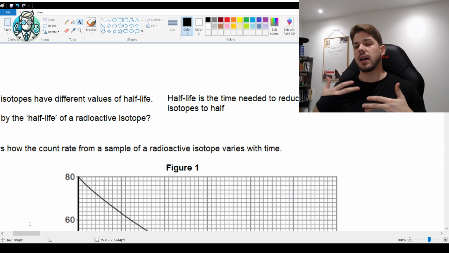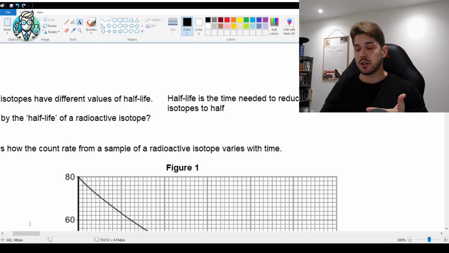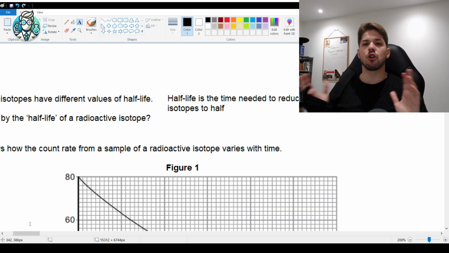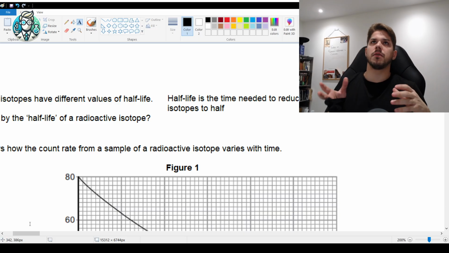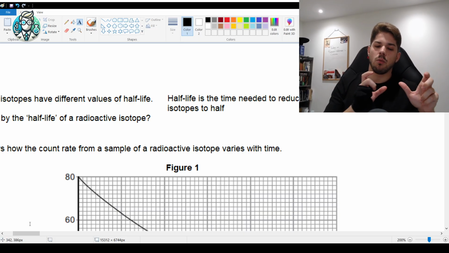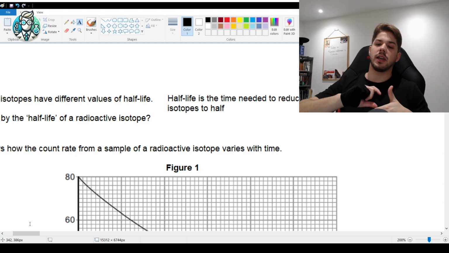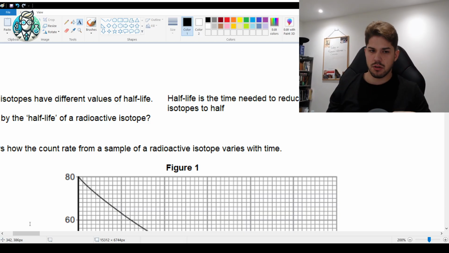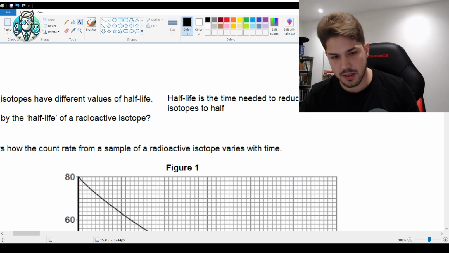It's a process that is random and it cannot be accelerated, or let's say delayed. We cannot control it. That's why instead of finding out exactly when the radioactive decay is going to happen, we use half-life, which is like an estimation. It's the best that we can do, let's say.